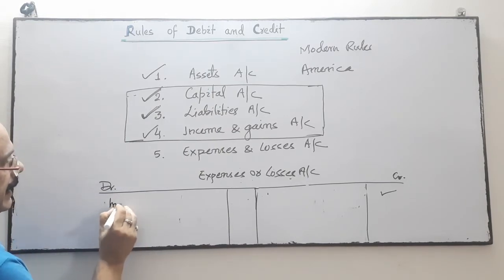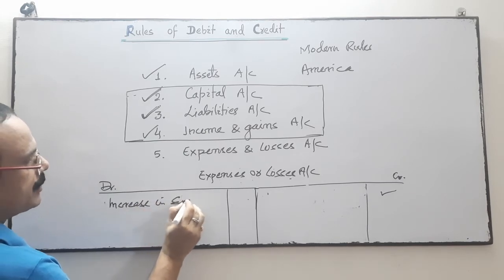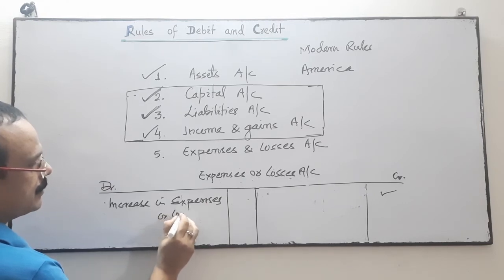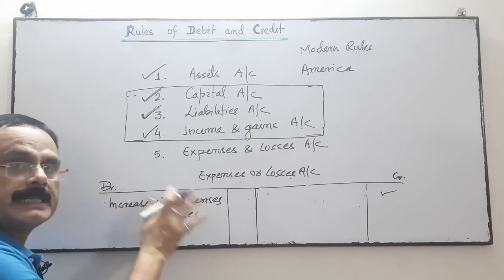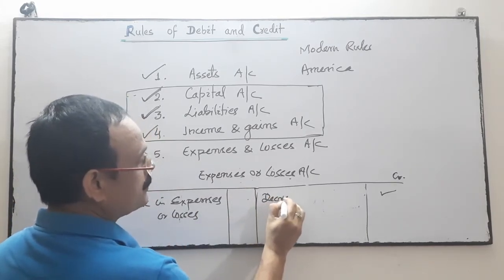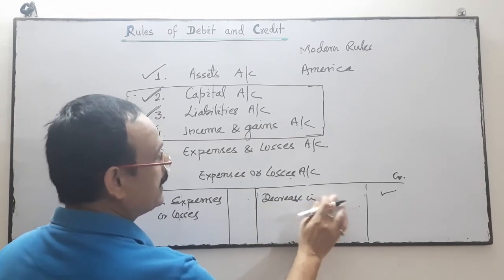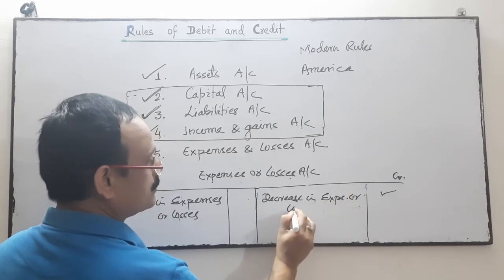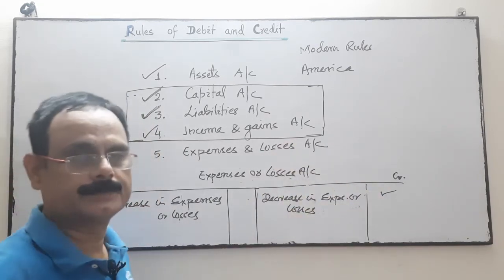Increase in expenses and losses will be debited, shown on the debit side, and vice versa, decrease in expenses or losses will be shown on the credit side.